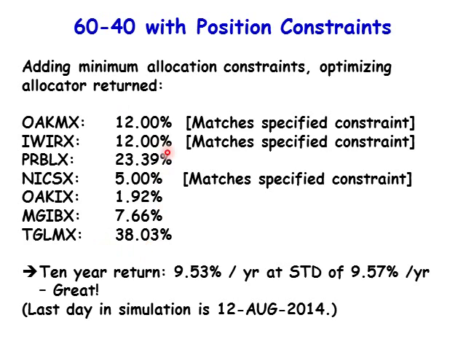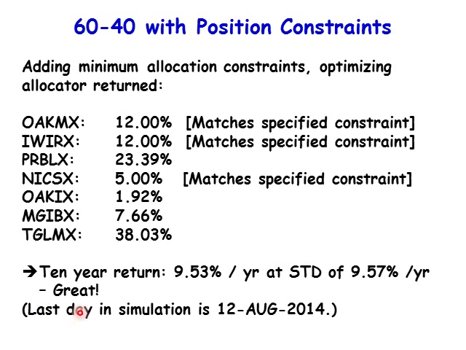So I can specify those constraints also. And the 10-year return was 9.53% at a standard deviation of 9.57%. 9.53 and 9.57 are nearly equal, and that's a great portfolio too, because its standard deviation has not gotten out of hand yet.